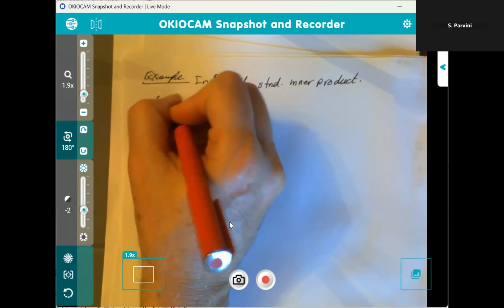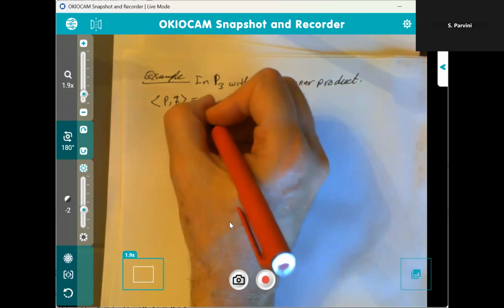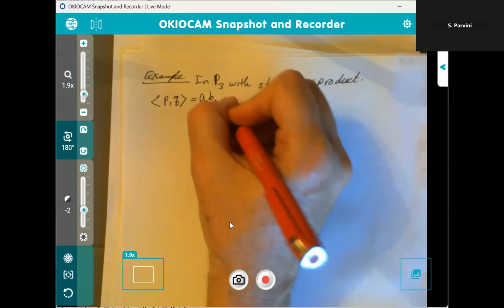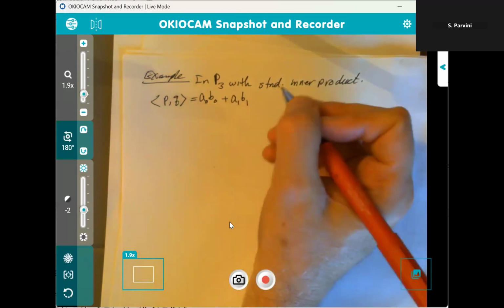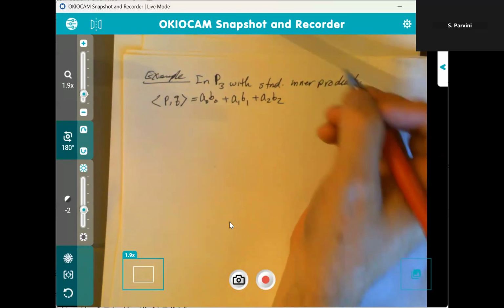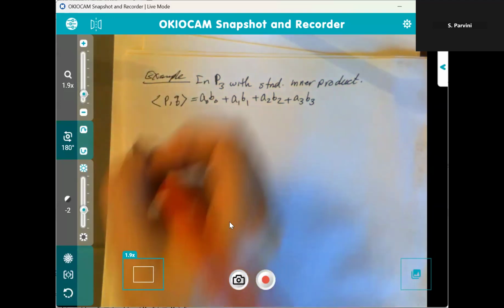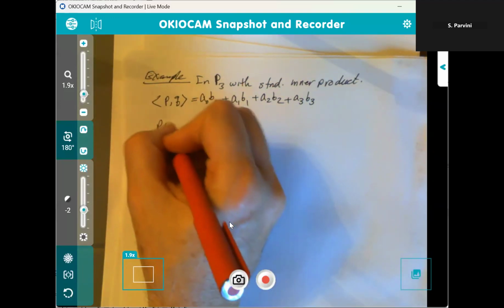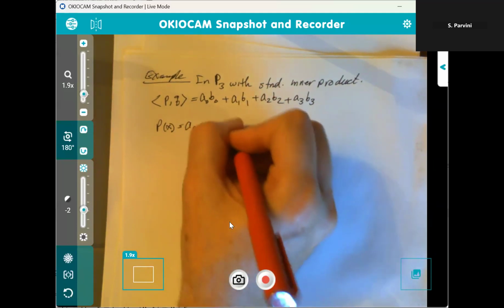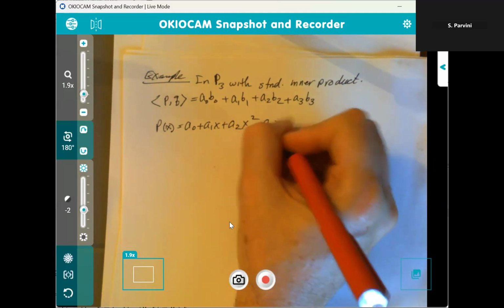When I do the inner product of two third-degree polynomials, we multiply the constants together, the coefficients on the x terms together, the coefficients on the x squared terms together, and the coefficients on the x cubed terms together. In this light, p of x is a0 plus a1x plus a2x squared plus a3x cubed.